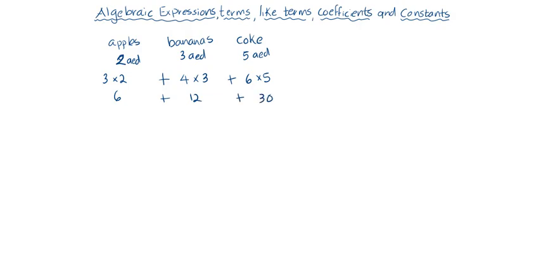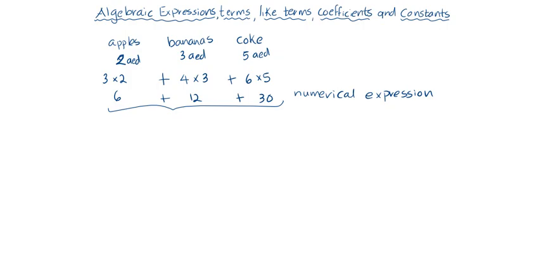So what we have here is only numbers, and we call these numerical expressions. That means they are made up of numbers only, like a number sentence, with operations and numbers. That's when we know the values of everything.